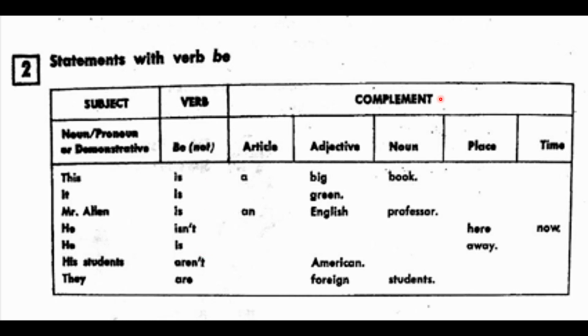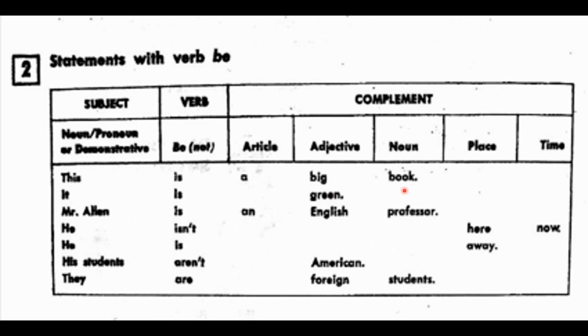After verb be comes the complement. The complement here consists of 5 elements: an article, a or an, and an adjective like big, green, English, etc. A noun like book, professor, etc. Place, here, away, and time.